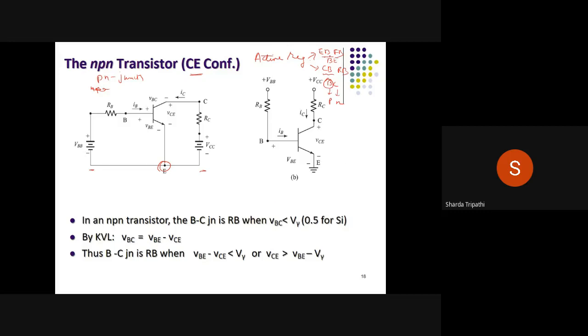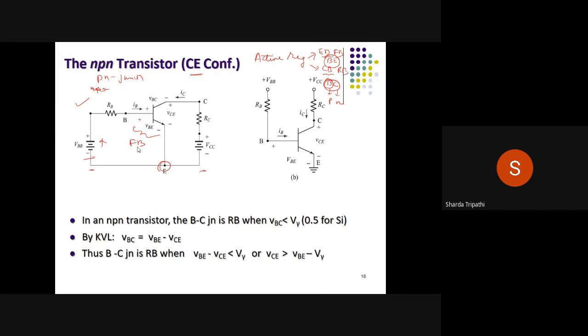So here what we need is that the BE junction is forward biased and the BC junction is reverse biased. In this configuration, if you look at the circuit diagram, how can I have the BE junction forward biased? This is simple because we have a power supply attached to it. If I increase the value of VBB and it is large enough, more than the cut-in voltage, then obviously I'll be able to forward bias this VBE junction.